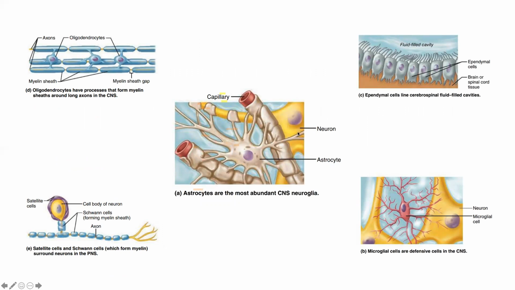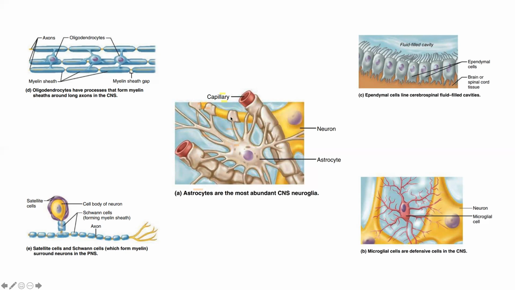So these are the examples. This is the astrocyte here, which is star shaped. It is large and most abundant. As you can see, it is going to enclose the capillaries. By doing so, they will control the vasodilatation or narrowing of the capillaries in the brain.